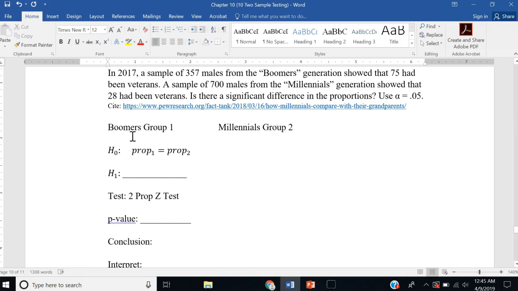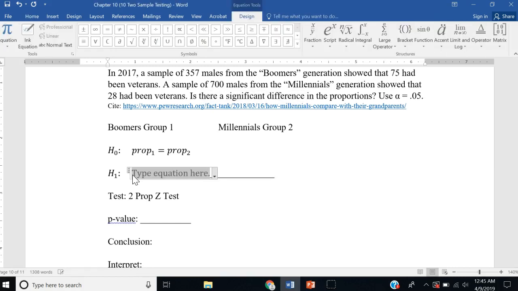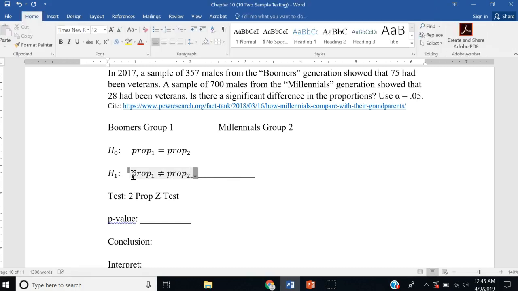And this is just asking, is there a significant difference? Difference is just saying, are we not equal to the proportion for group 2? So difference is an indicator that we're using not equal to in the alternative hypothesis.